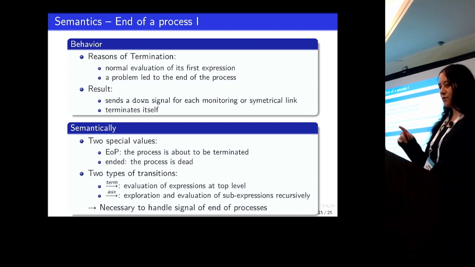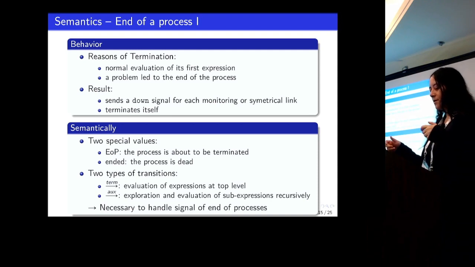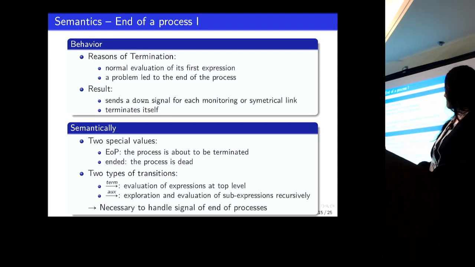The terminal transition, with the small arrow with term on it, which we use for the evaluation of expressions at top level, and an auxiliary transition, which is used for the exploration and evaluation of sub-expressions recursively.